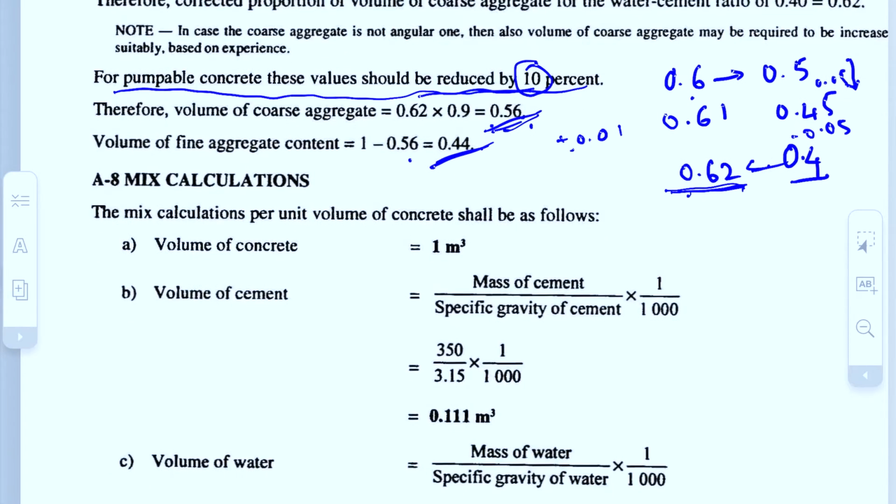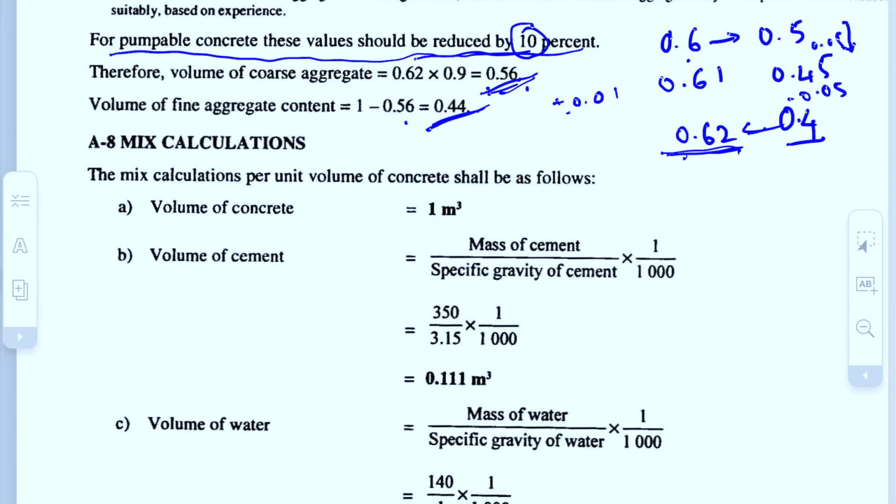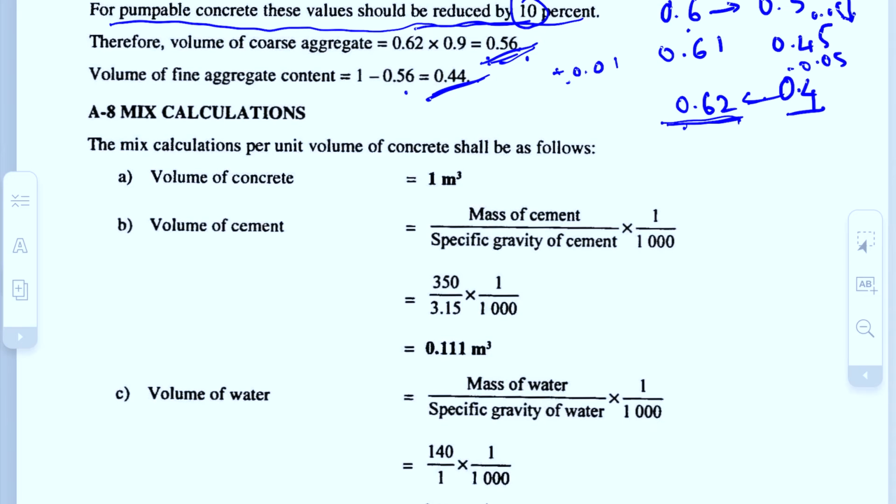Now we have to express everything in meter cube, in terms of volume. Let us say the volume of concrete is 1 meter cube.